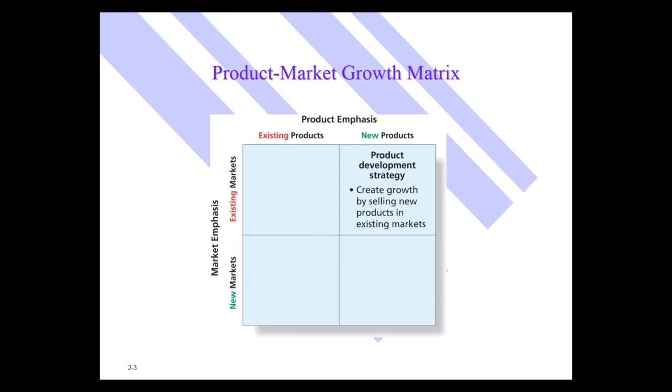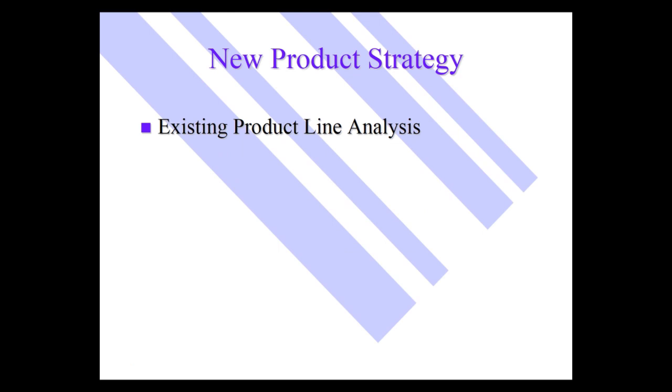When we start to look at a new product strategy, first, we want to look back at our existing product line and analyze our existing product line. So let's start with a little bit of looking back at basic product concepts. Now, remember, there are so-called layers of the product concept.